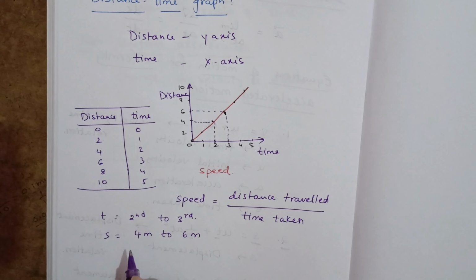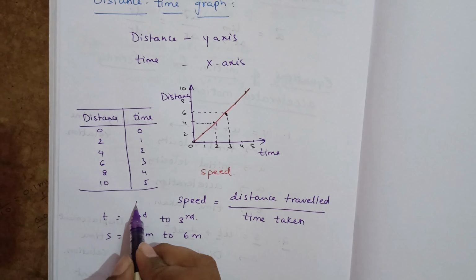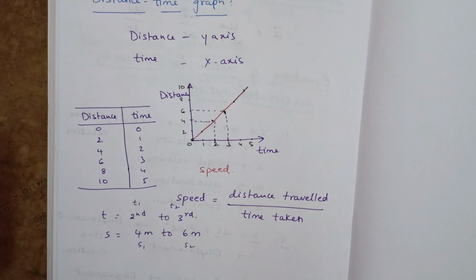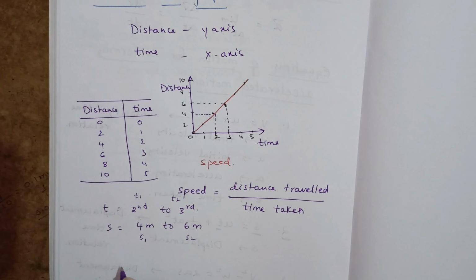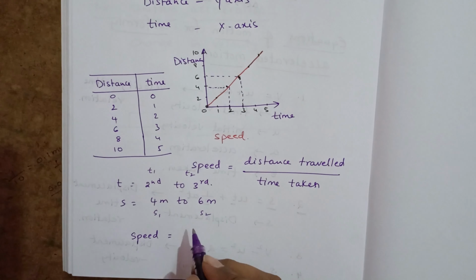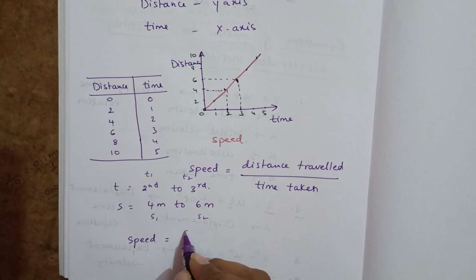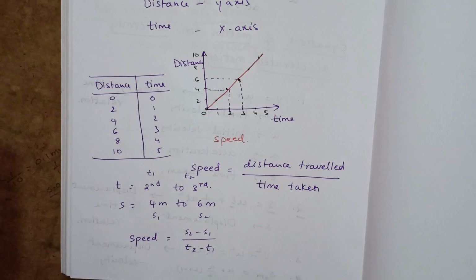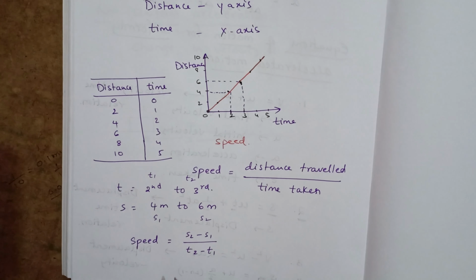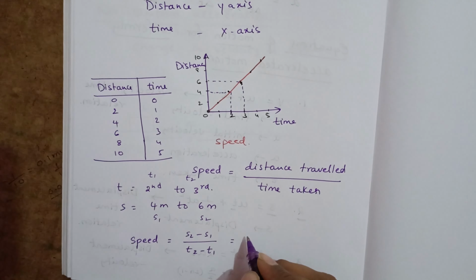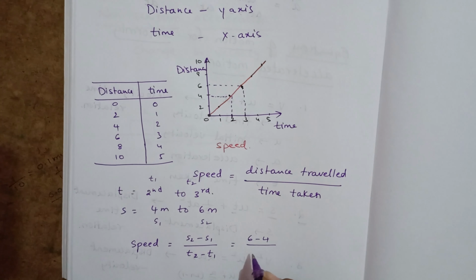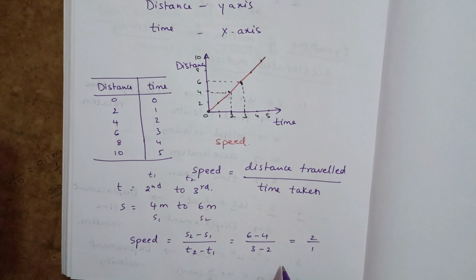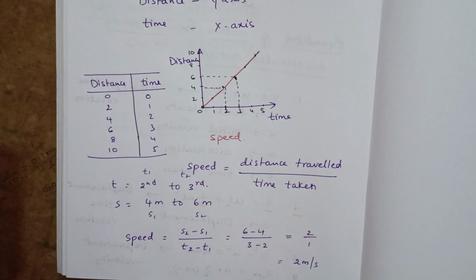Let us take this as T1, this as T2, this as S1, this as S2. Now the speed equals change in distance, S2 minus S1, by change in time, T2 minus T1. Now how much is it? 6 minus 4 by 3 minus 2, 2 by 1, that is equal to 2 meters per second.